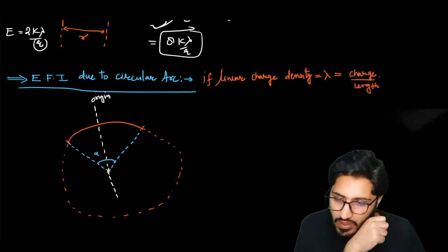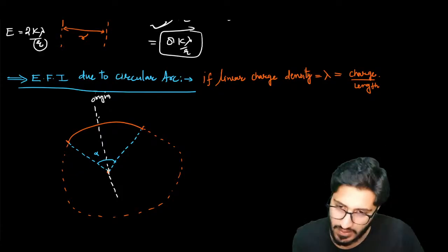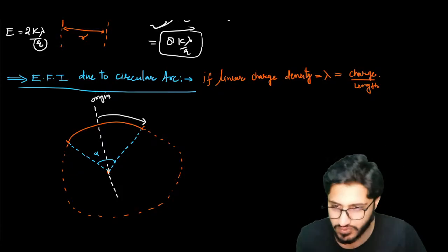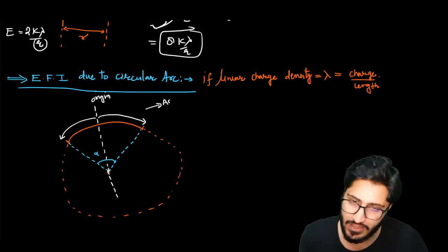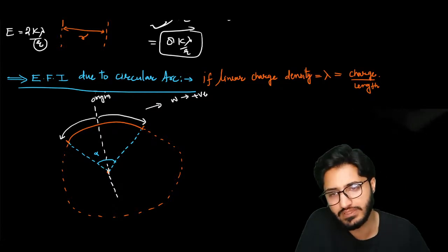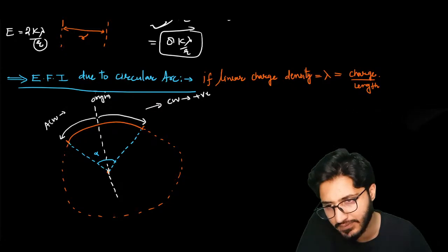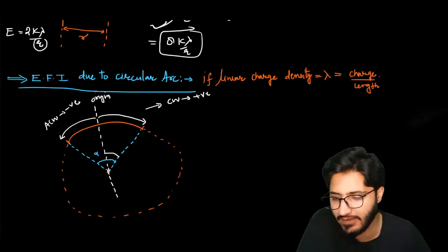Now the whole angle is alpha, and I have to go in this direction and also in this direction. Look, I will take the clockwise direction as a positive angle, and the anti-clockwise direction as a negative angle. If the whole angle is alpha, that means this particular angle will be alpha by 2.